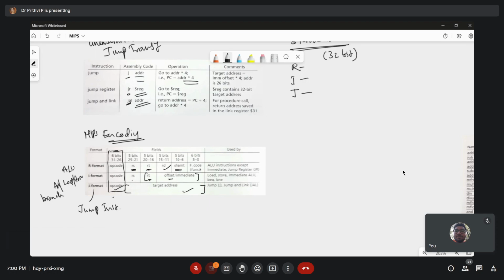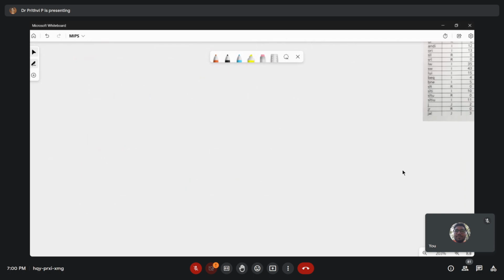So the complete set of instructions, if you take these previous tables, you will be dividing them into these three formats only. These are the three formats we have. Just one second, let me show the other things.